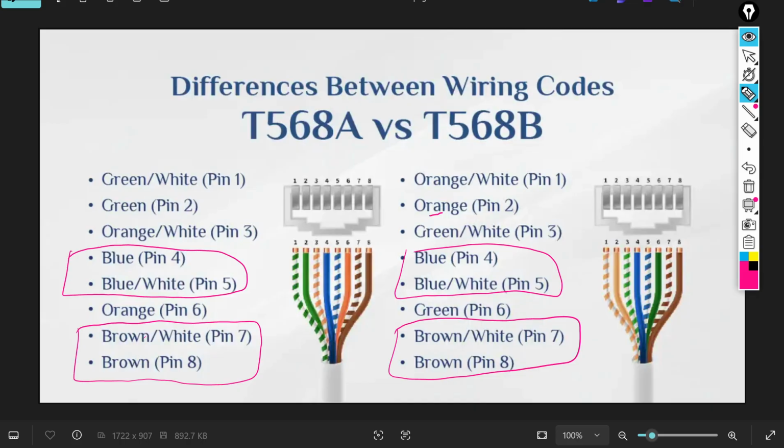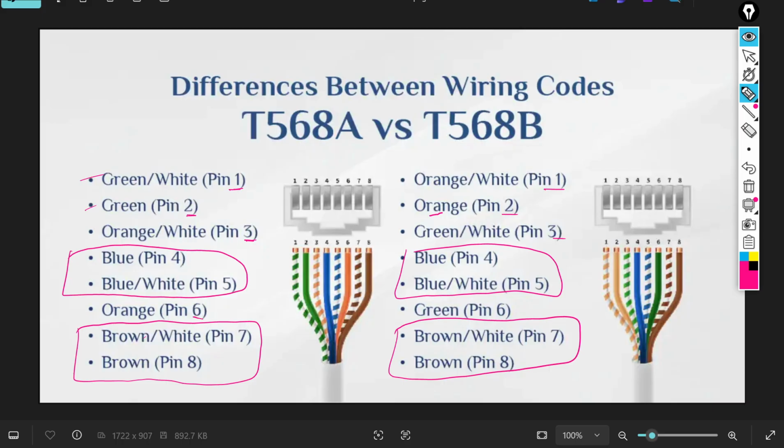Only our data travels in white green, green, white orange and orange. Means here pin number 1, pin number 2, pin number 3, pin number 6 are important. 1, 2, 3, 6 important. Same here also, 1, 2, 3, 6 important. Only these four pins transfer your data.